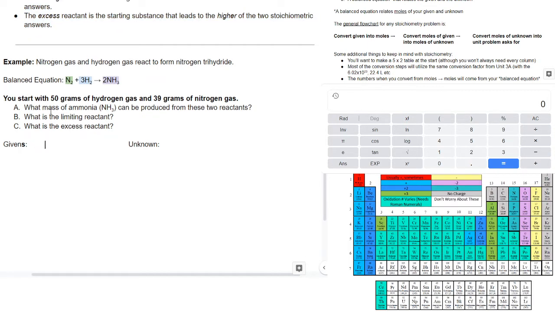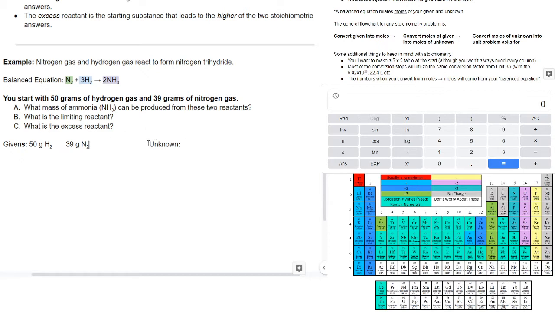And so we start with 50 grams of hydrogen gas. So that is one of our givens. And 39 grams of nitrogen gas. So two givens here, 50 grams of H2, 39 grams of N2.